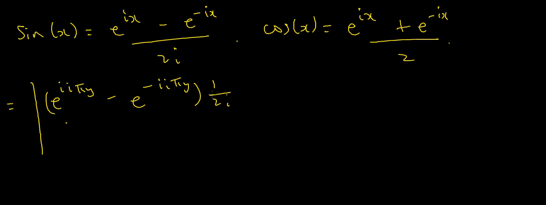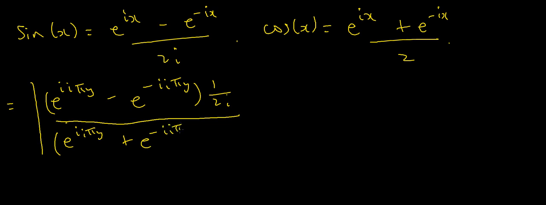I've just pulled out this and written it out front because I think I'm running out of space, and that's going to be divided by cosine of i pi y, which in this case is a half. Well, to preserve the order of things, let's write this first: e to the i times i pi y plus e to the negative i times i pi y, times a half. Well, I've got a factor of a half appearing in the numerator and denominator, so I can get rid of those.